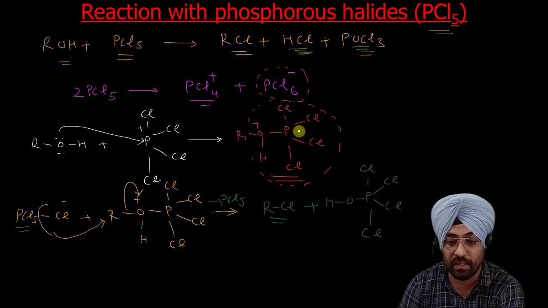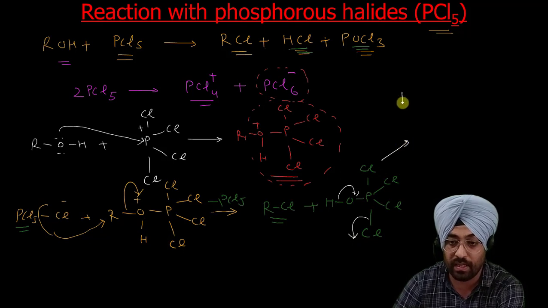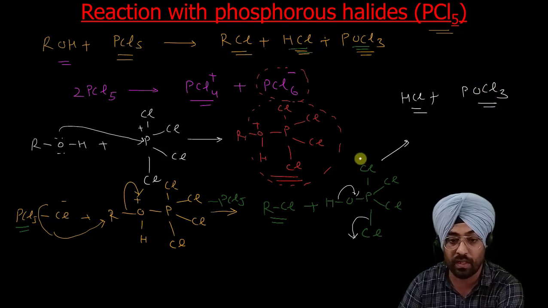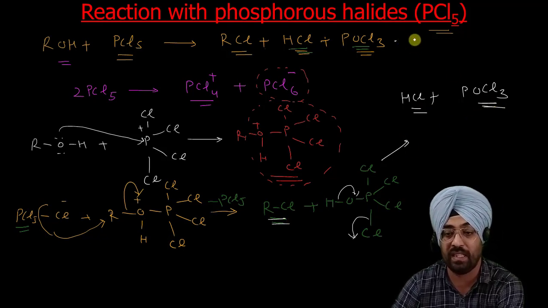H positive goes here, and this Cl goes here. So from this you get HCl plus what is remaining, POCl3. So that is how you get all these products: RCl plus HCl plus POCl3. Now as I say, the chemical reaction is quite important.